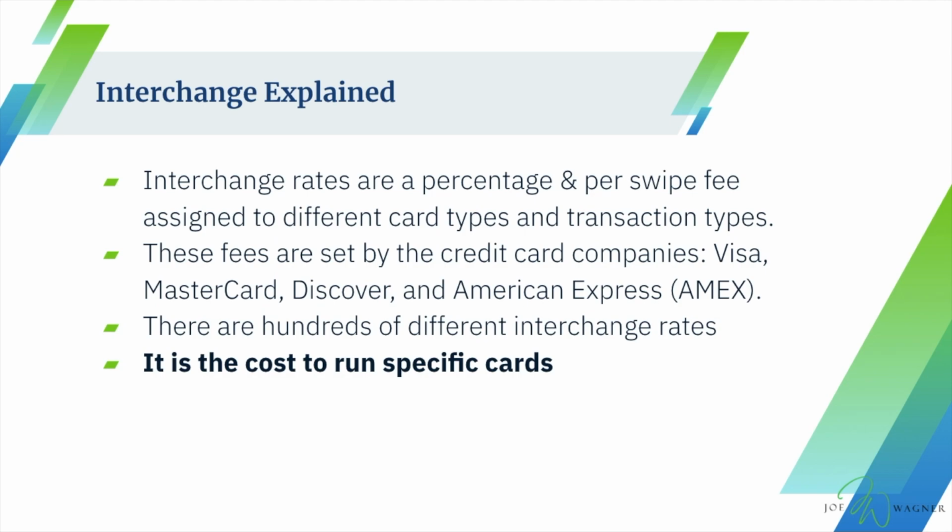Okay, it's no different than a product. If you go into a store, there's a product on the shelf for a certain price. That business owner bought that product at a cost and they have to mark it up to make a profit. So what interchange really is, it is our cost, and we don't make any profit until we charge above interchange, okay? Interchange is our cost. It's that simple.